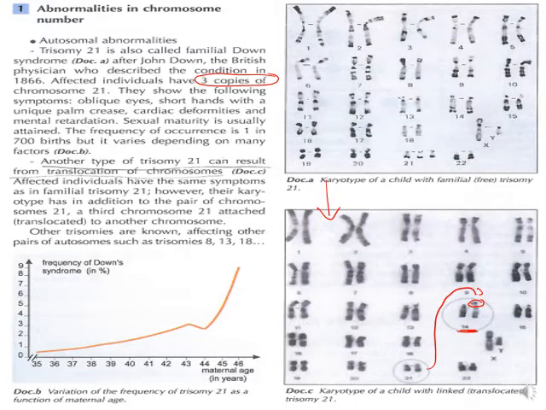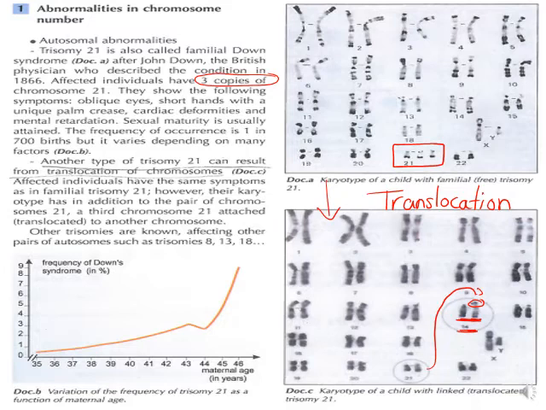Why? Because in chromosome 14 we have a part that is greater than the other part. So here we have translocation, while in the other one we have trisomy 21. This translocation has a name: it's called Robertsonian translocation.